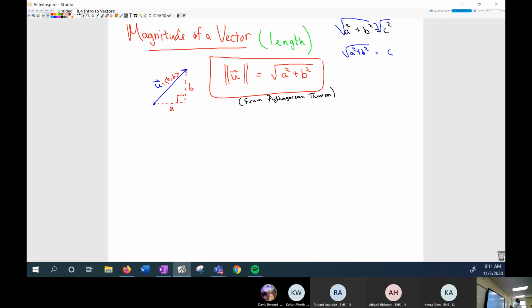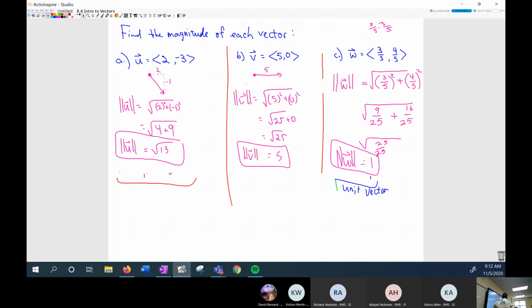Some textbooks or some mathematicians will just put single bars like it's an absolute value. Either way, when you see a vector inside of double bars or inside of single bars, it doesn't matter. It's a magnitude. It's the length of the vector. So for us, that needs to translate into Pythagorean theorem every single time. You have a horizontal part, you have a vertical part. You would just use the Pythagorean theorem. A squared plus B squared equals C squared, so you're going to have to take the square root. And so I went through some of that.